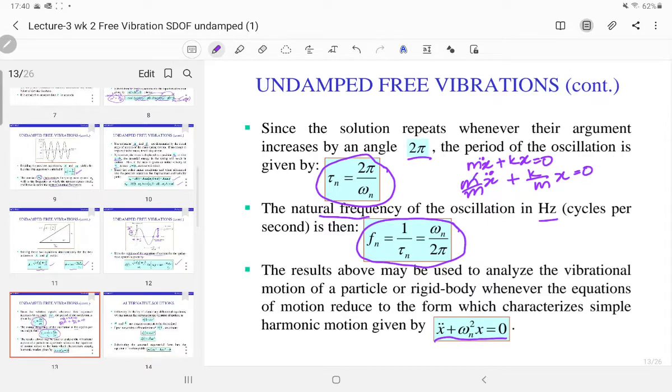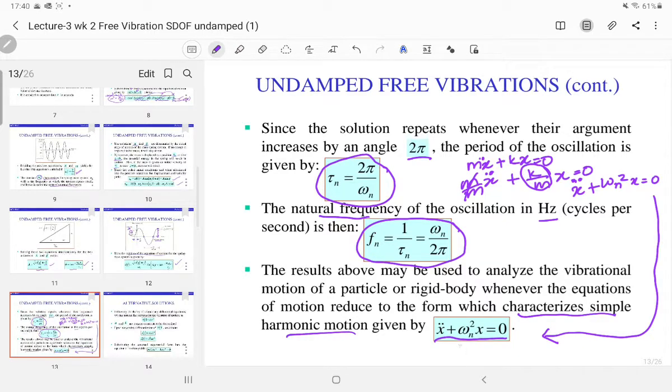You can see that this k over m is actually omega n squared. So x double dot plus omega n squared x equals 0. That is how you get this expression, basically by dividing all through by m. This characterizes simple harmonic motion.